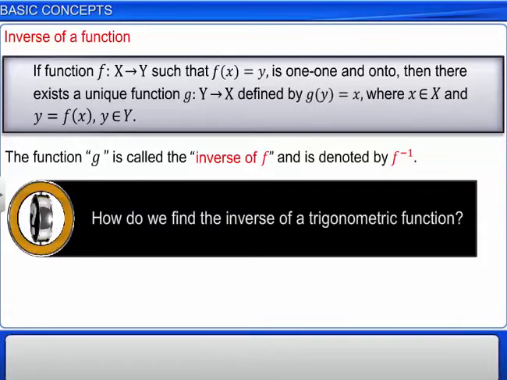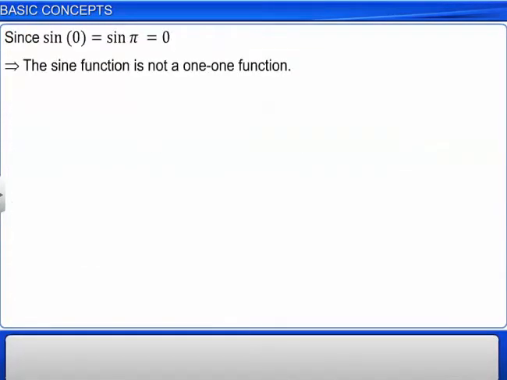Now, using the concepts of the inverse of a function and the domain and range of trigonometric functions, let us find the inverse trigonometric functions. Let us begin with the sine function. As the values of sine 0 and sine pi are equal to 0, it is not a 1-1 function.